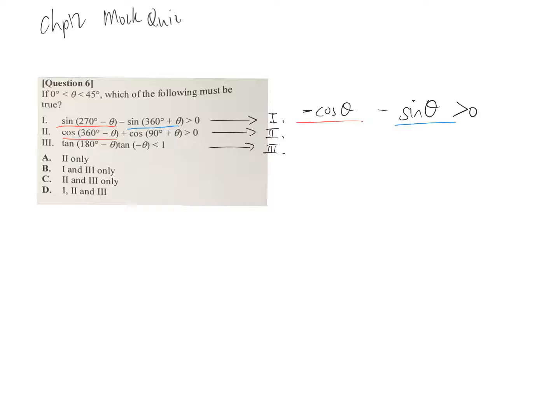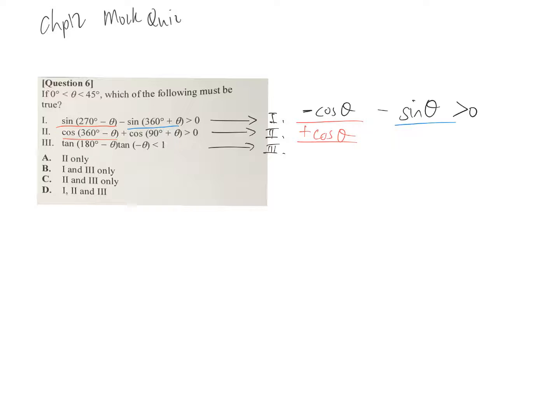Statement 2, cosine 360 minus theta. Because 360 minus theta is in the cosine quadrant, it is positive, and 360 needs no change, so it is just cosine theta.